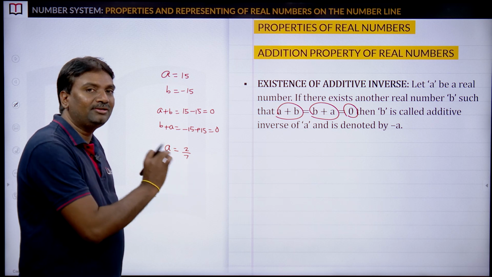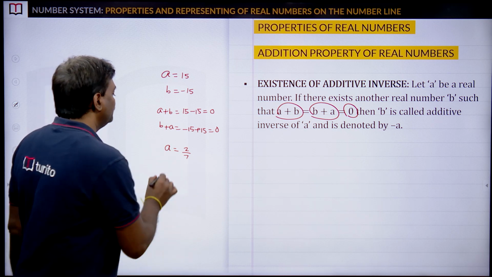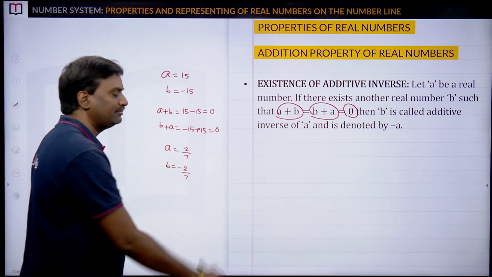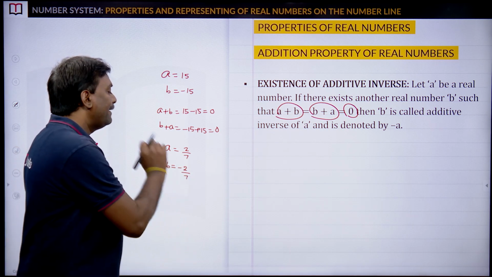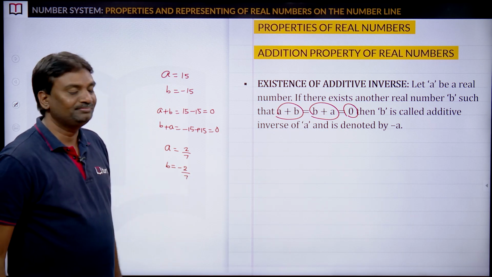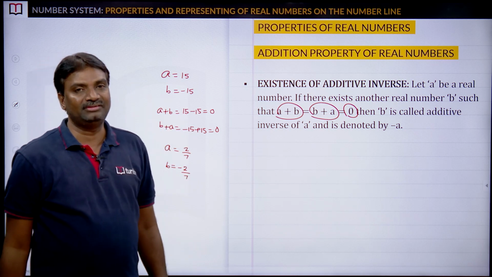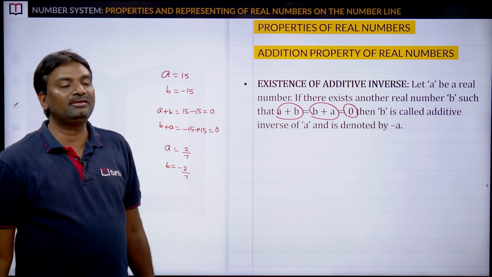Don't change the numerical, just change the sign only. So b equal to minus 2 by 7. If a equal to 2 by 7 is the given real number, then minus 2 by 7 is the additive inverse of 2 by 7. Very easy, just change the sign of the given number.